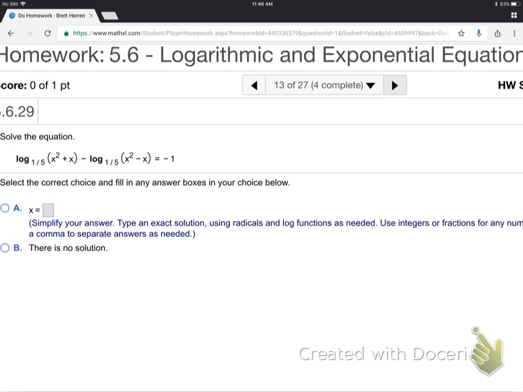Good question. So 1/5 to the negative 1 power would just make it regular 5. The negative makes the opposite, it flips it.